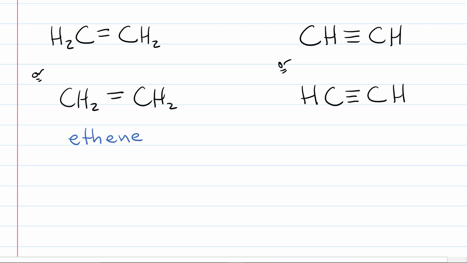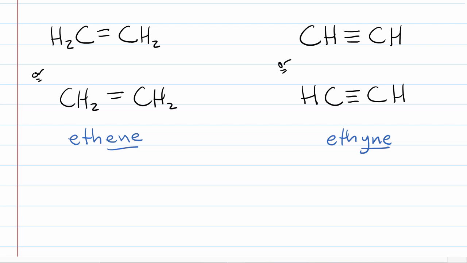So we call this one here ethene. And what would we call this one here on the right with the triple bond? Ethyne. So again, what we do is we look at the suffix. The suffix tells us whether we're looking at an alkene or an alkyne.